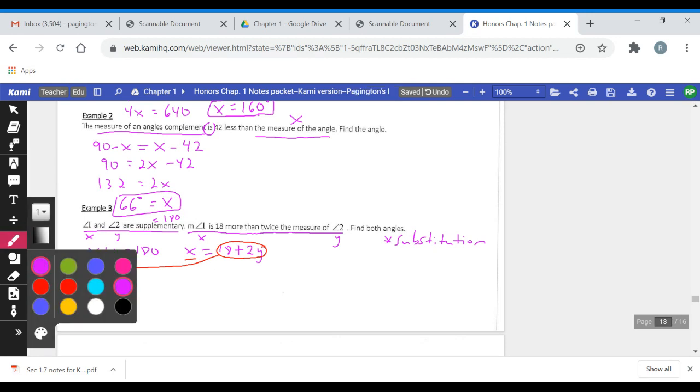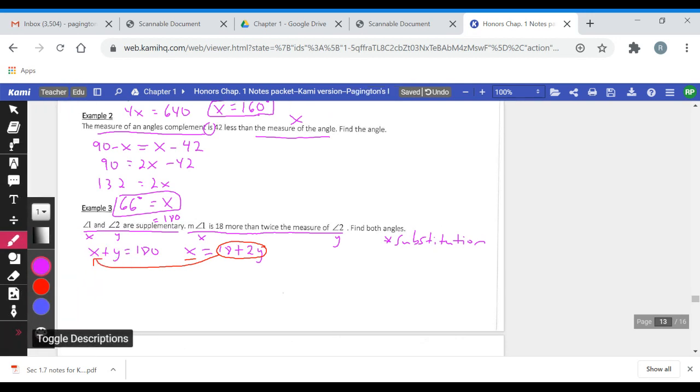And when I do that, then I've got 18 plus 2y, and then I have plus y equals 180. So I've got 18 plus 3y is equal to 180. If I subtract 18 from both sides, I get 3y is equal to 162. And if I divide by 3 on both sides, I end up with y is equal to 54 degrees.